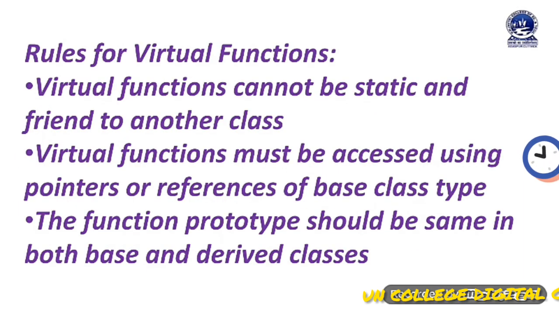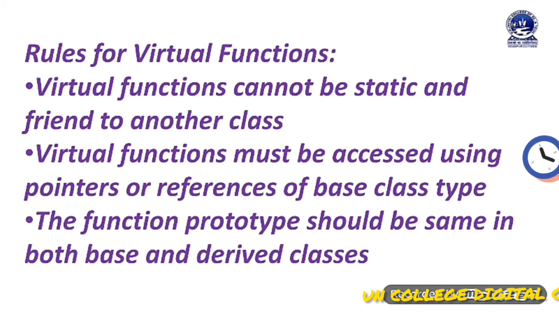Now I am going to explain some rules for virtual function. We have to take care of all these rules when we are using virtual function to implement runtime polymorphism. The first rule is that a virtual function cannot be static or a friend of another class. This is a very important rule. Virtual function must be accessed using a pointer or reference of base class type.